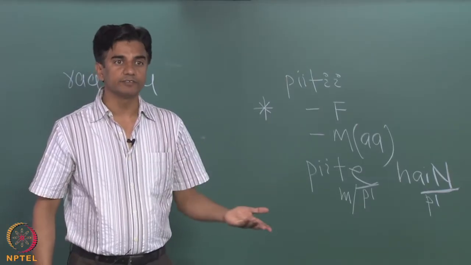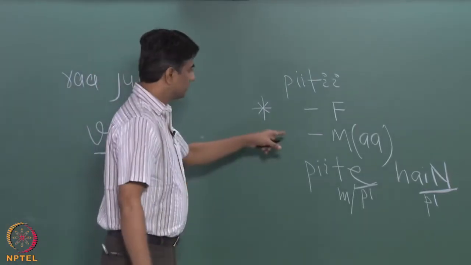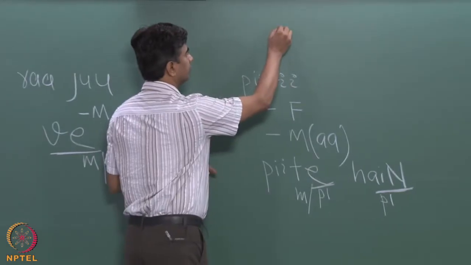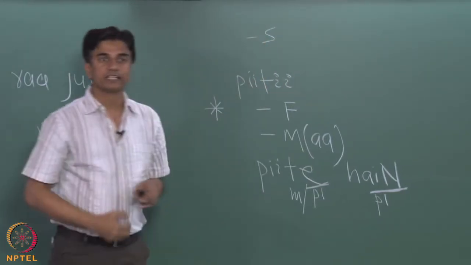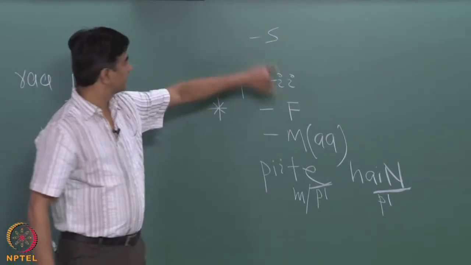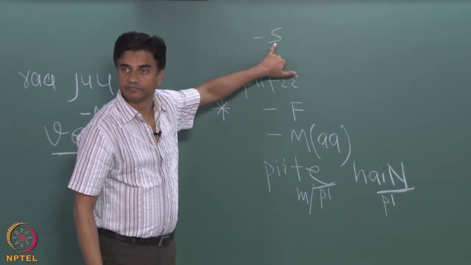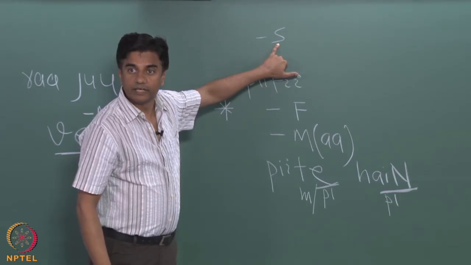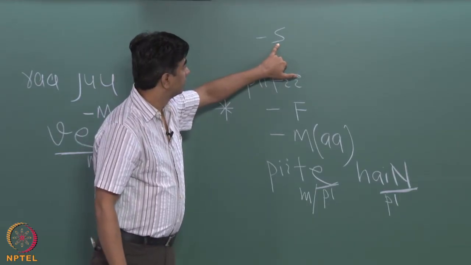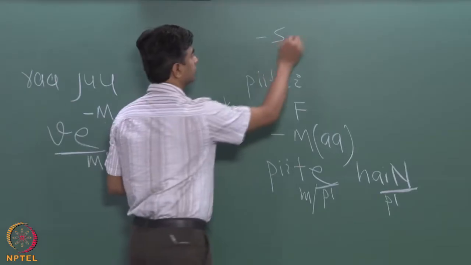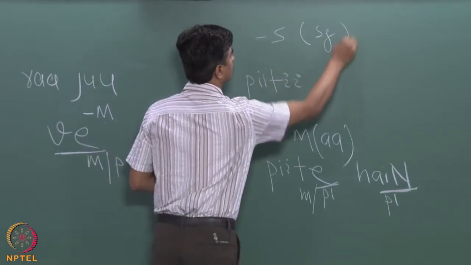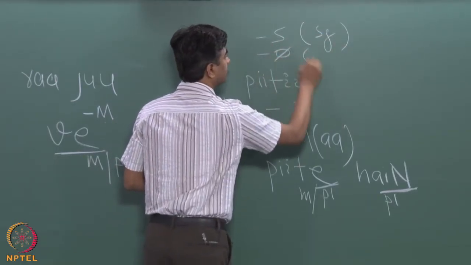English has a completely different system, which is if you put this marker on the verb, then it refers to singular number, right? And for plural, it's zero.